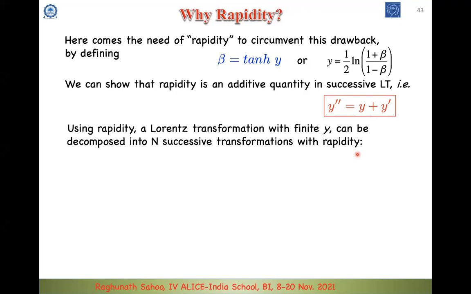Okay, so with this, let's see. Using rapidity, a Lorentz transformation with finite y can be decomposed into n successive transformations with rapidity delta y, simply dividing as y divided by n. If there are n successive Lorentz transformations, your individual differential transformation will be y by n. Essentially, if you consider a rotation of an angle theta, I can have a delta theta which is equal to theta divided by n.